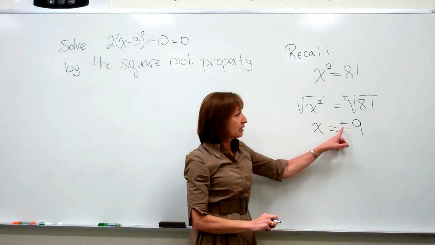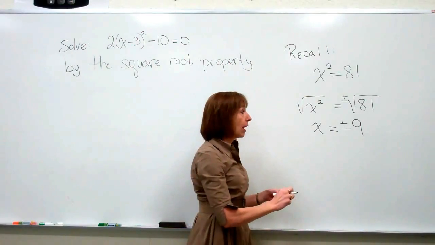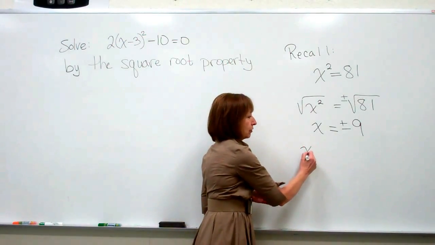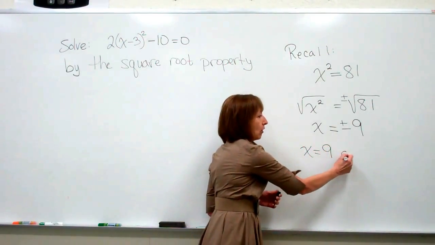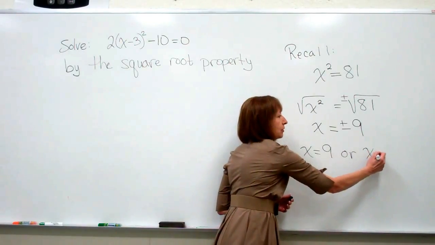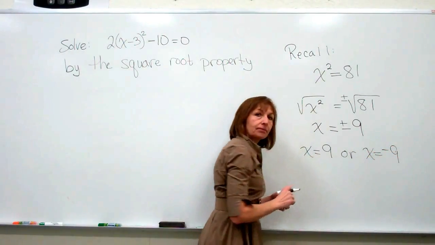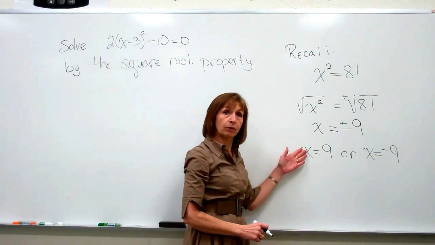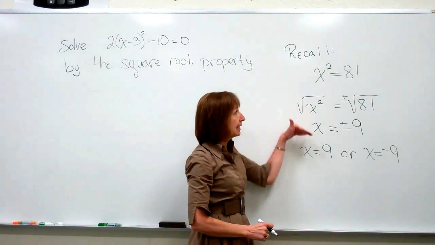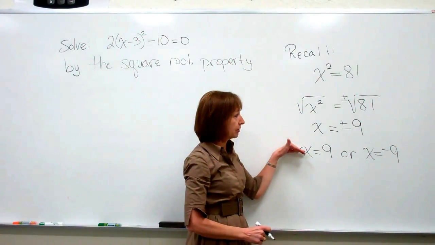And I can write that as plus or minus 9, or I can write them out separately to show both solutions. x is equal to 9, or x is equal to negative 9. So that's an example of our square root property when we have a very easy pure quadratic equation to solve.